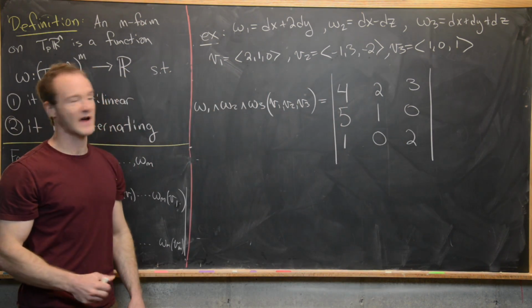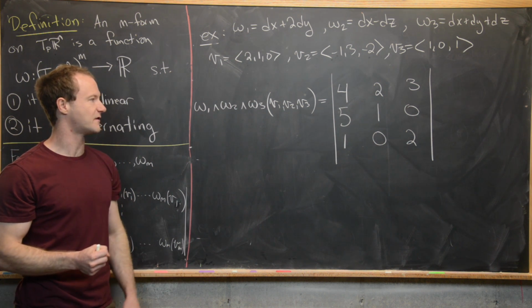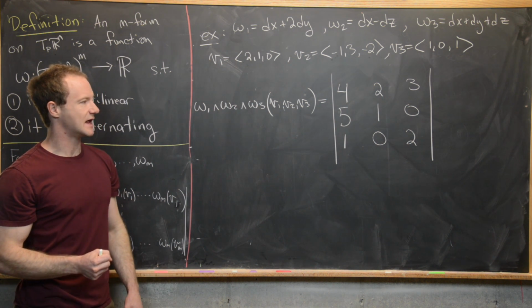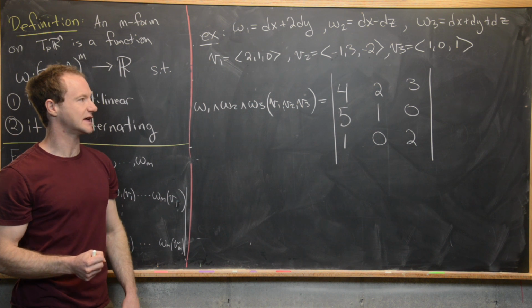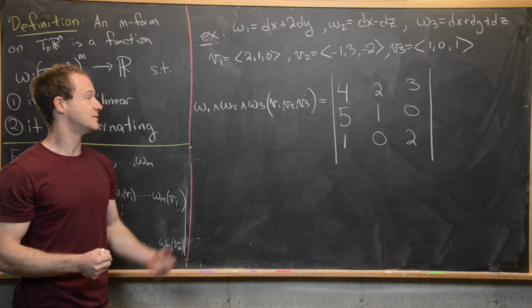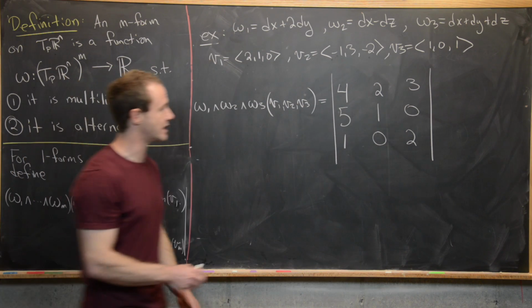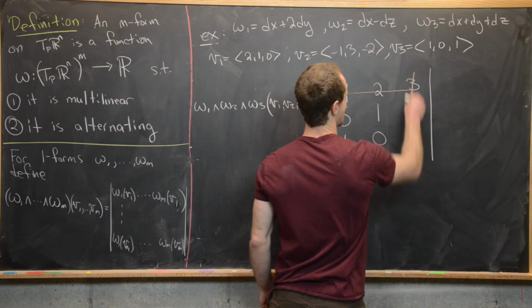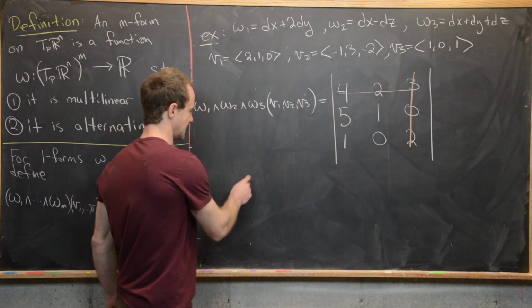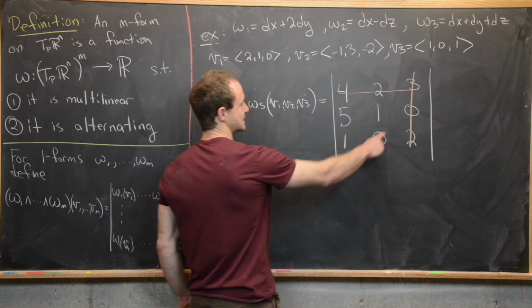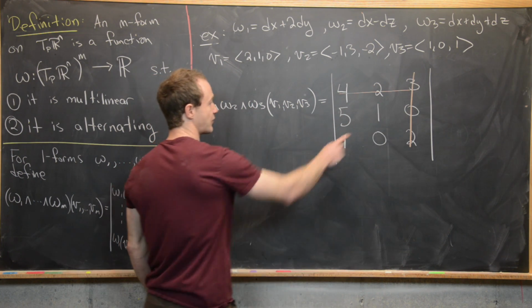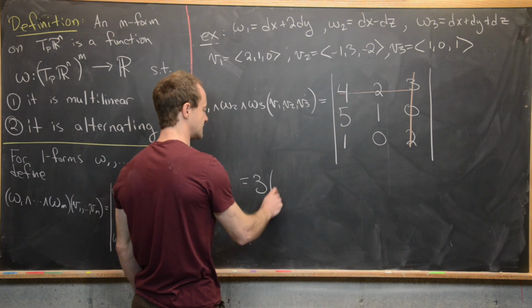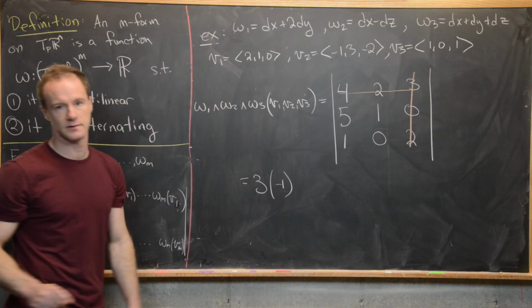Now we need to do cofactor expansion again in order to find the determinant. Let's go ahead and, in this case, do it along the last column, because that last column has a nice 0 in it. So the first one we'll do is that. And so that's going to give us 3 times the determinant of this 2 by 2. The determinant of that 2 by 2 is negative 1.